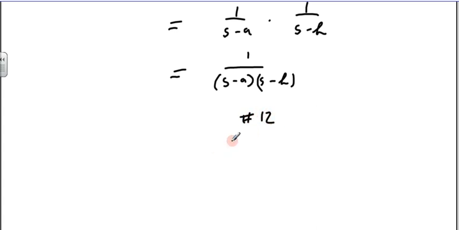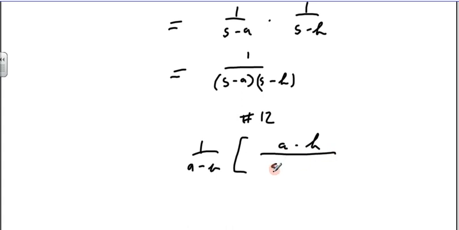And we see that we're going to need an a minus b on top though. So we're going to have 1 over a minus b times (a minus b) divided by (s minus a)(s minus b). Okay, so that looks good.